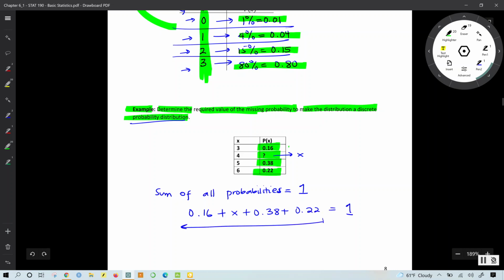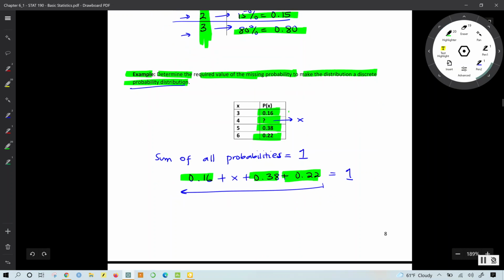On the left-hand side, I can see numbers 0.16, 0.138, and 0.22. How about I collect like terms by adding up all of these numbers? I will have 0.76 plus x is equal to 1.